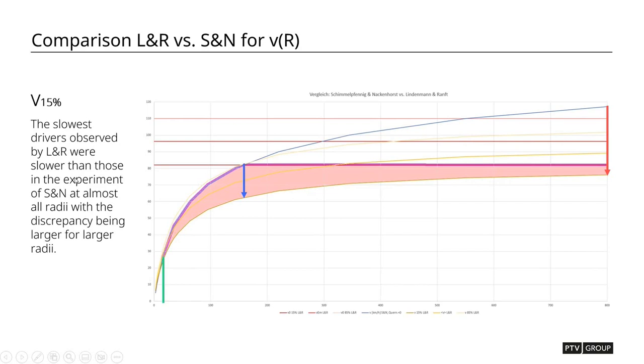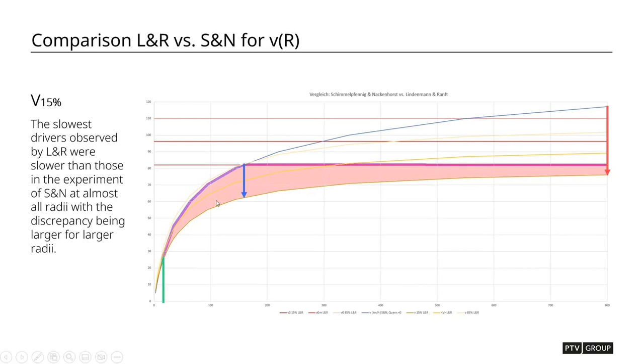But that's really no surprise. In that experiment of Schimmelpfennig, the drivers were told to go as fast as they feel to be safe. And second, I think, if I understood correctly, Lindenmann and Ranft also included trucks in their evaluation, and trucks were not present in the Schimmelpfennig-Nackenhorst experiment.